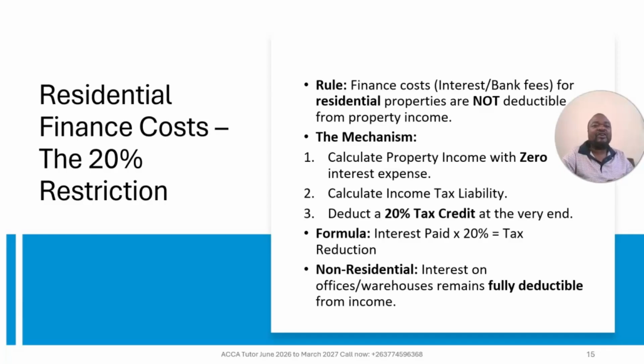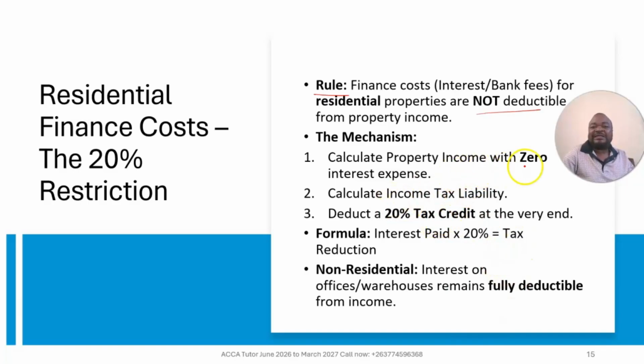Now let's talk of the restriction on residential finance costs, the 20% restriction. Now, this is the rule. Finance costs, that is interest or bank fees, for residential properties are not deductible from property income. So what then happens? The mechanism.